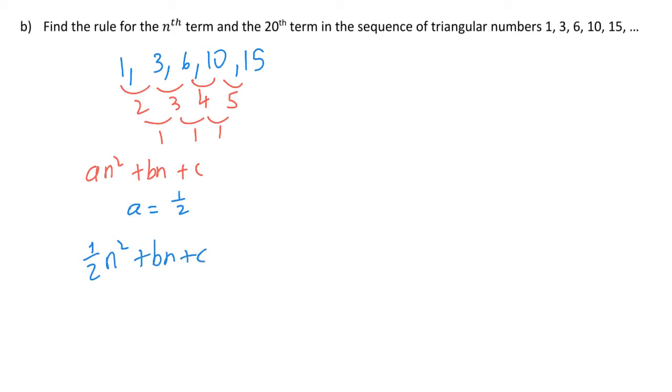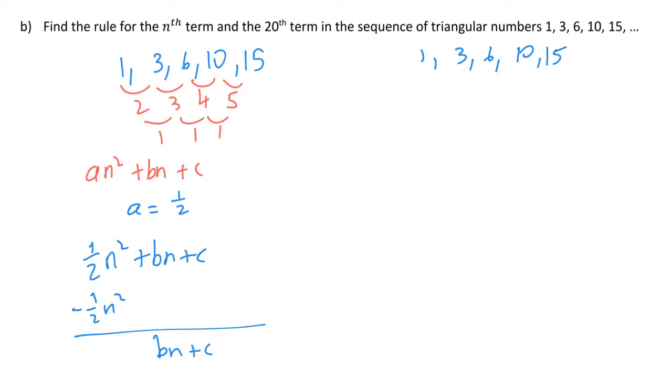Now if we subtract the sequence a half n squared from the original one, that's going to leave bn plus c. So we've got the triangular numbers of 1, 3, 6, 10 and 15.